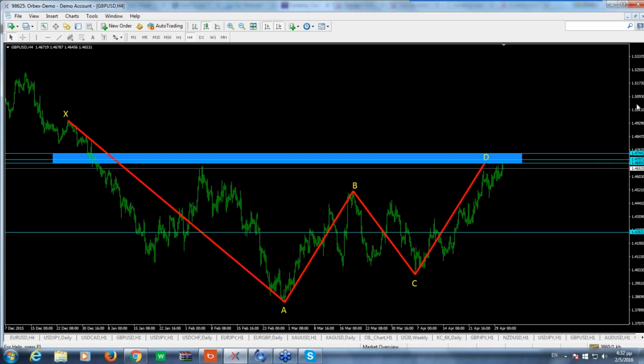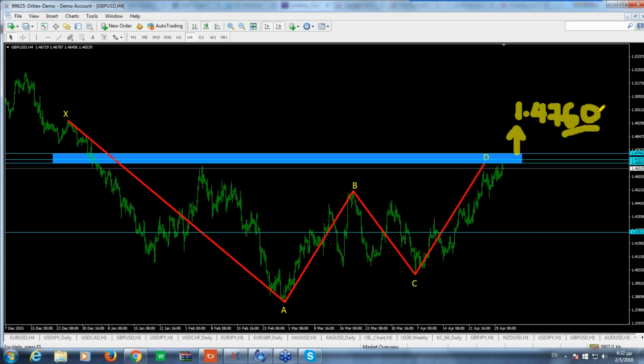But let's play a little bit with the psychological numbers. If it were to go up, it's better for us to look at prices going above 1.4760. Why 60? 60 is the last two digits, and 60 here is 10 pips above the 50 psychological level.